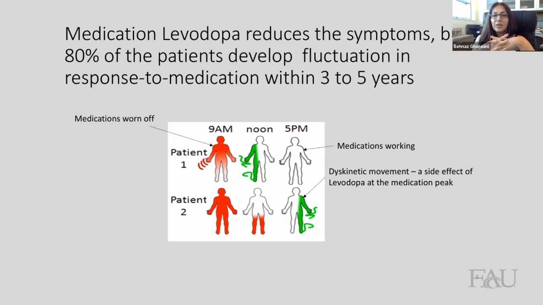We see people moving their head, their arms, or their legs. She described that when medication is given to the patient throughout the day, before they take medication they may feel the symptoms, but as soon as the medication kicks in they may have the side effect of the medication. And then, as the medication is working, all of a sudden it can wear off. So there were a lot of challenges in terms of what is the right dose and frequency of these medications that the patient has to take.